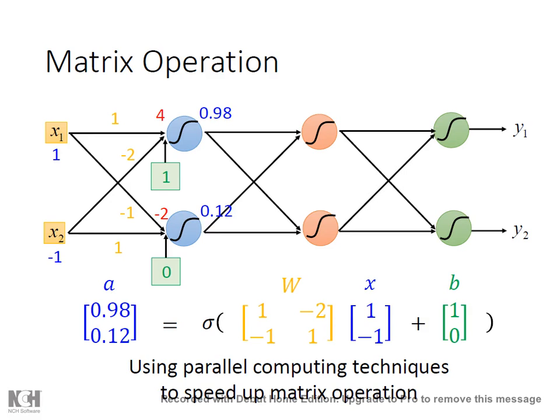So with your input here, you multiply with the weight matrix, and you get your output here. The same result, but we can use the matrix to denote such a computation, which will be more compact. And you can use the matrix to write your program.